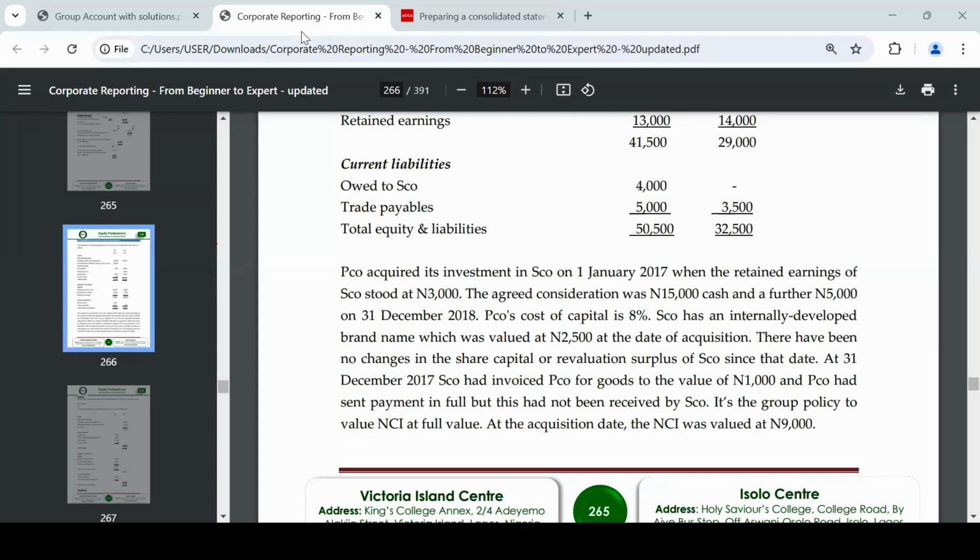How would you treat this? Sorry, which one? I stepped out. Okay. Let me annotate so that you can see where my reference is.